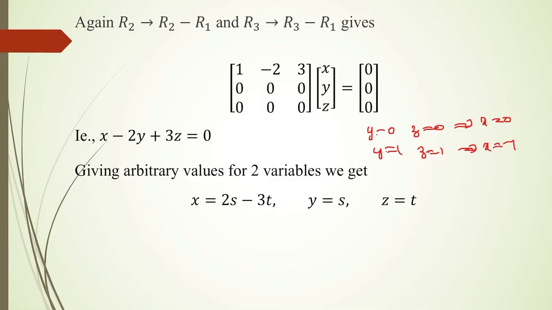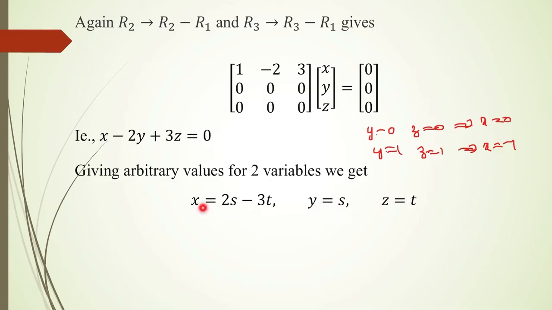Okay, so 0, 0, 0 is in the solution set. Minus 1, 1, 1 will be in the solution set. If I give y is equal to 0 and z equal to 1, that will give x is equal to minus 3. So if I give arbitrary values for 2 variables, the value of the third variable will be determined automatically.